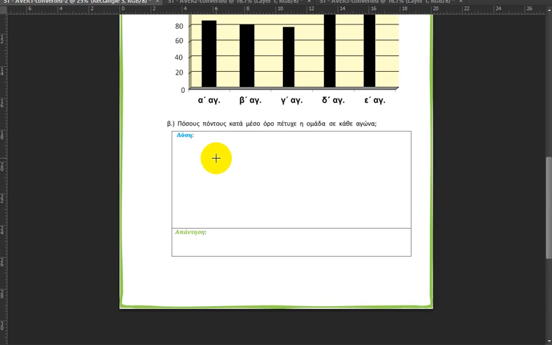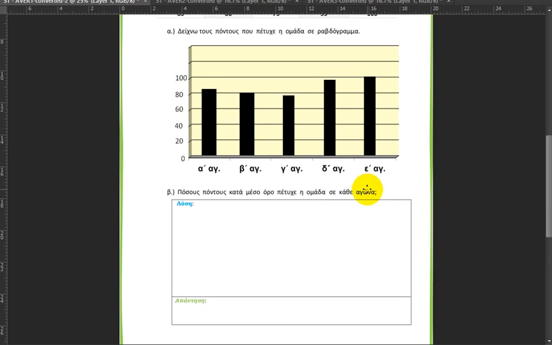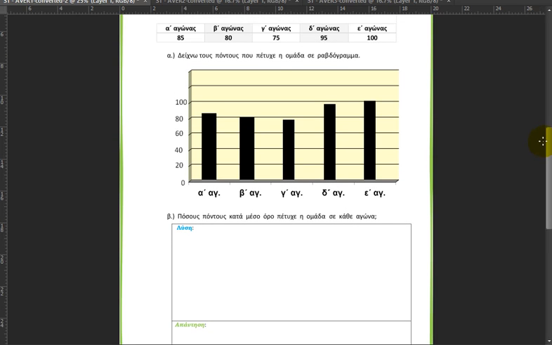Next up, it's asking how many points were scored on average. So here we need to add up all those points and find the average. So 80, actually no, let's write it like this. 85 plus 80 plus 75 plus 95 plus 100 over, well, 5 games, so it's 5.